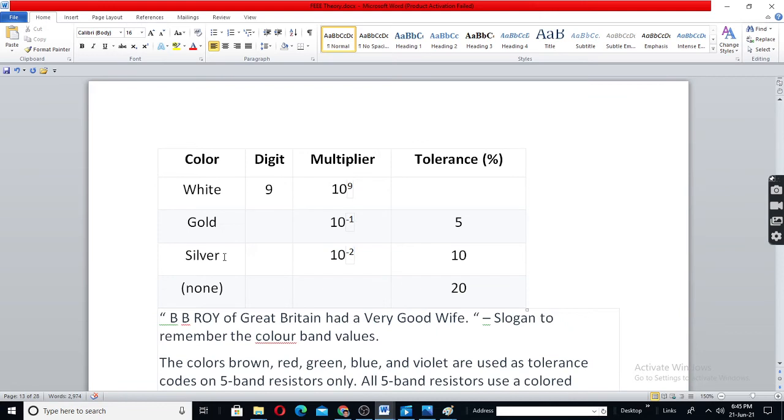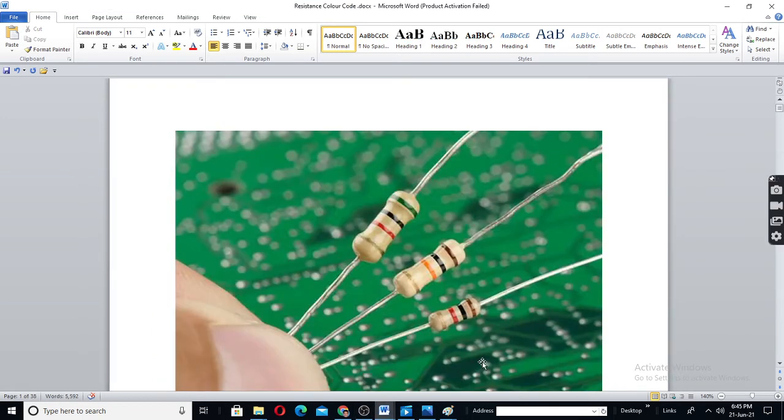See, normally gold and silver are used, or no band is used for tolerance. Whenever you see a metal band in the color code, you should understand that it is the last band.